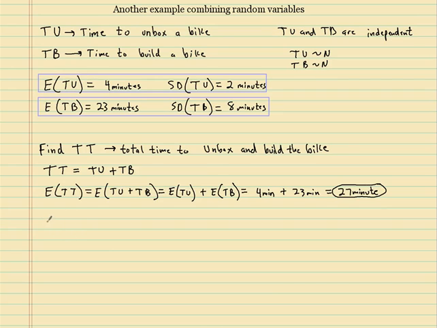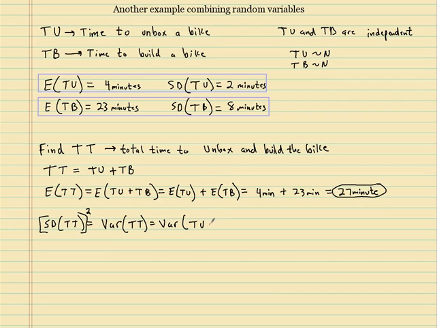Okay, so now I want to know the standard deviation of the total time. We don't want to work with that directly; we want to square it. If I square that, that's equal to the variance of the total time. What is total time equal to?